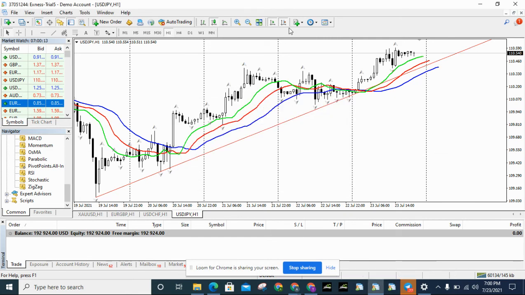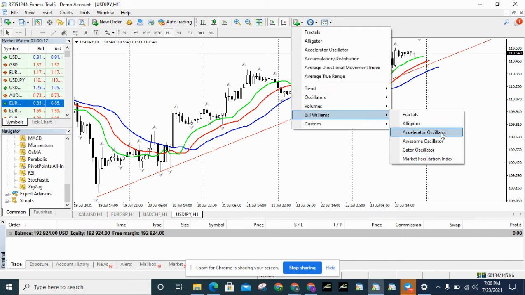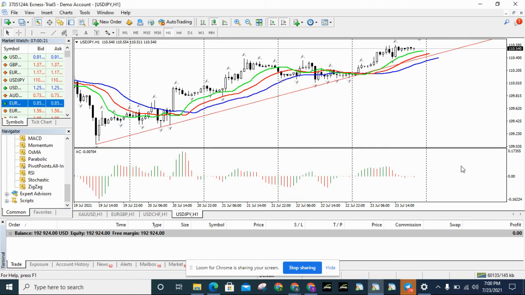So let me add the oscillator, accelerator oscillator. So this is it. This one is telling me that the market is buying, which means this alligator, but oscillator sọ fún mi pé market yìí yóò ṣì máa wálẹ̀, and this as well.